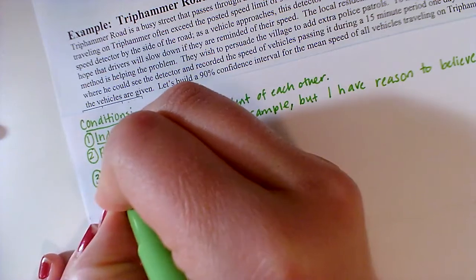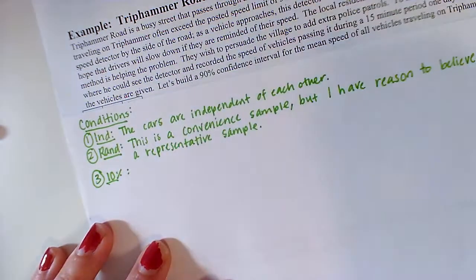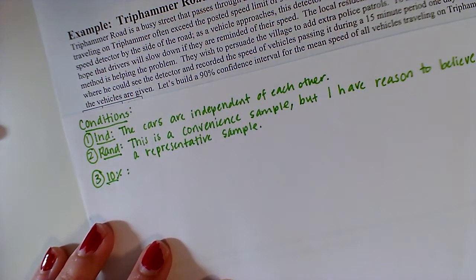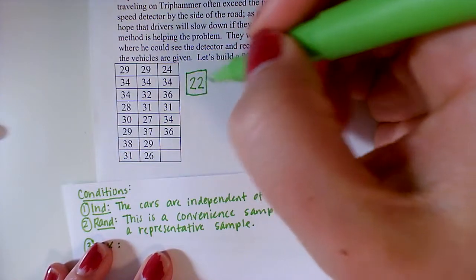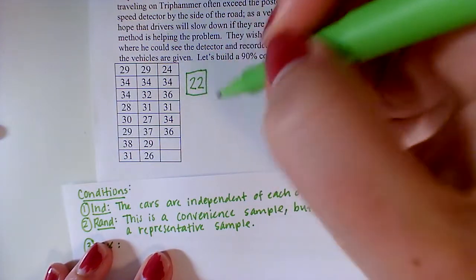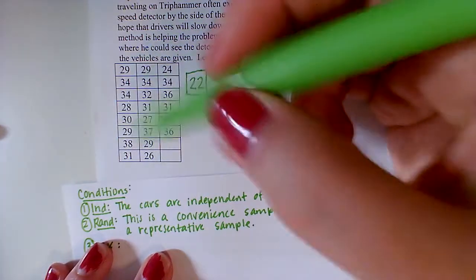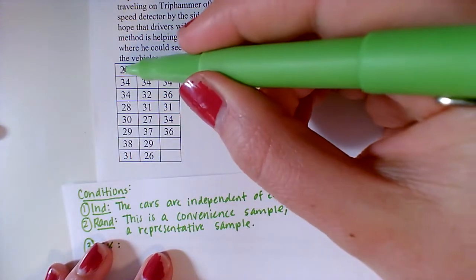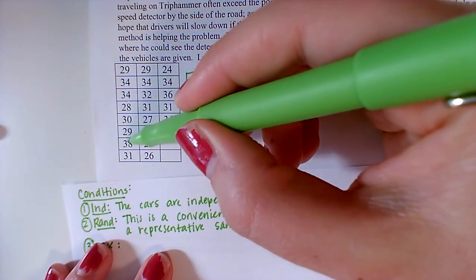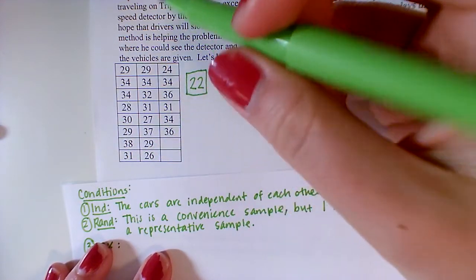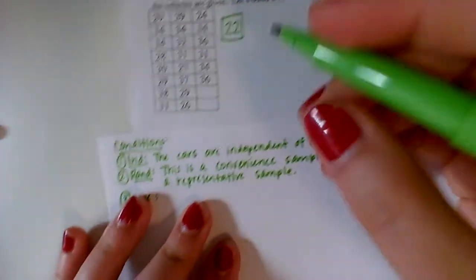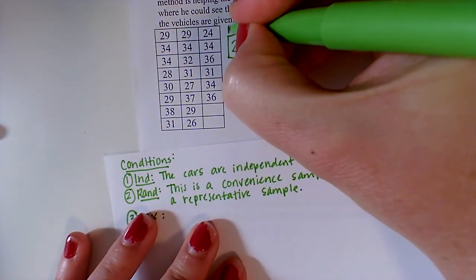Okay, the 10% condition. You probably know this back of your hand now. Here we just talk about the number of cars that were selected. This is so funny. I was talking about the speeds, but there are actually 22 numbers here, because if you look in the column, 1, 2, 3, 4, 5, 6, 7, 8, and 8 times 2 is 16, 16 plus 6 is 22. I didn't mean to do that, but my sample size is 22.